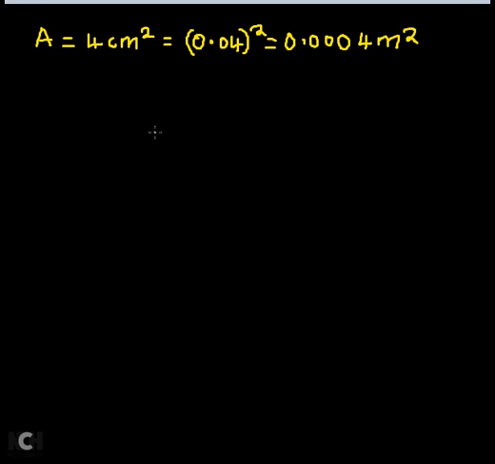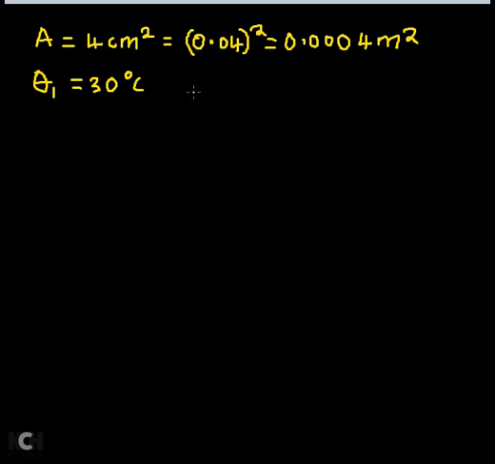Area of 4 centimeters square are held rigidly between two fixed points at a temperature of 30 degrees Celsius. So the initial temperature, theta 1, is 30 degrees Celsius. I'll write that down.